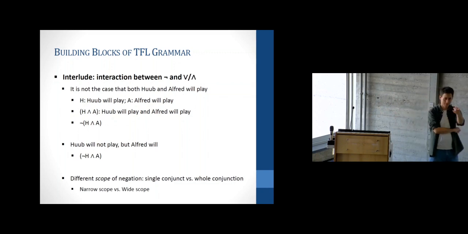I do have a question about the first one. Does it not now say it is not the case that Hoop will play, and it's not the case that Alpha will play? No, that's a different sentence.